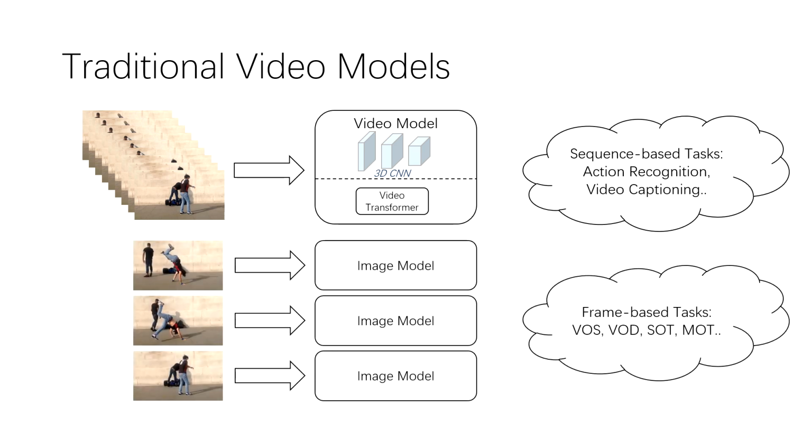As a result, most frame-based tasks like video object segmentation or multiple object tracking adopt frame-based models to glean per-frame features from video stream. These models treat videos as they would images, neglecting any temporal-related information.